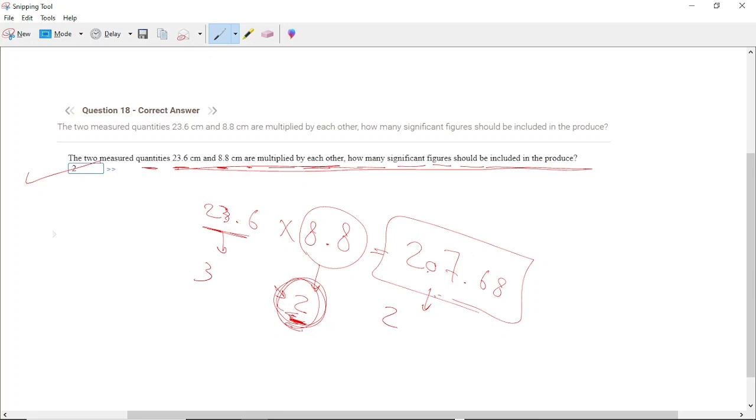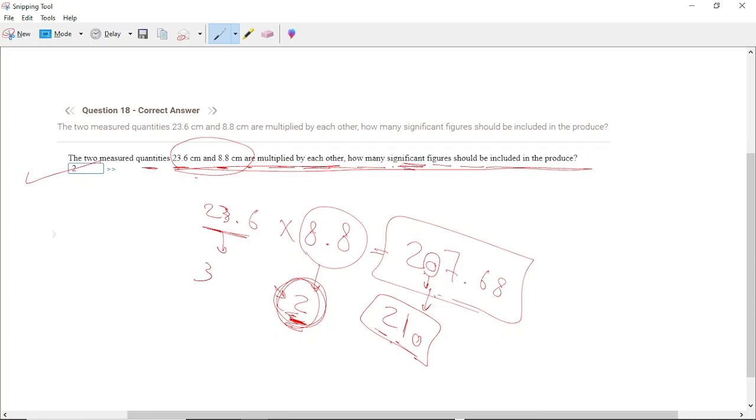So I have 2. The second number here, we round it to 1, so it will be 210. This is the answer if he asks for the result of multiplying these two numbers using significant figures.